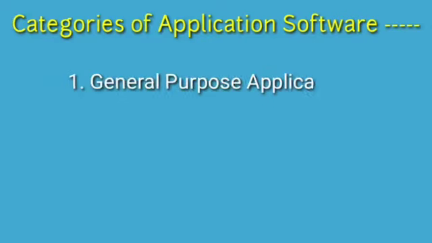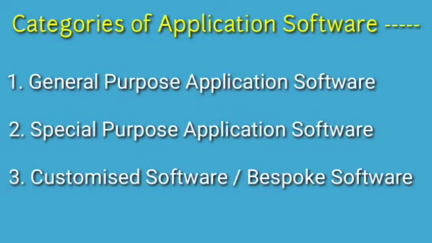Now let us look into some of the categories of application software. The first category is general purpose application software. The second kind is special purpose application software. And the last one is customized software, which is also known as bespoke software. We will be discussing it one by one in detail.